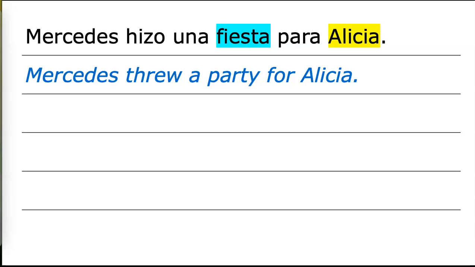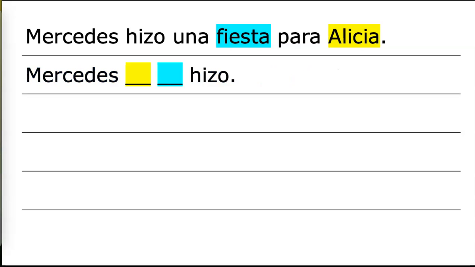Alicia is the indirect object because it is the person for whom she threw the party. Okay, go ahead and substitute the object pronouns here. Mercedes se la hizo is the correct answer.